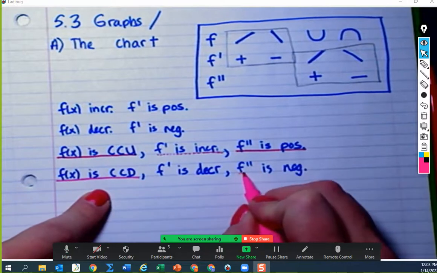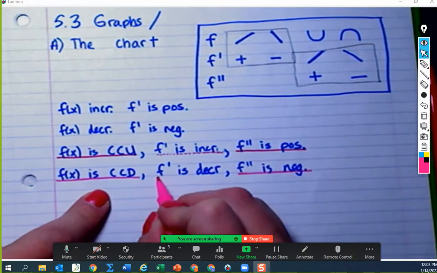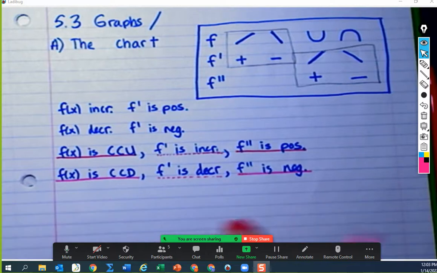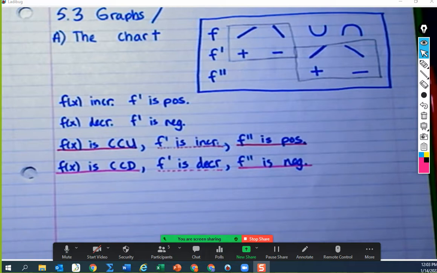Concave down, double prime negative. The chart helps us connect this F prime is decreasing part. Okay, I'm going to write 2 more sentences. Okay, and I'm going to highlight what I'm going to look at.